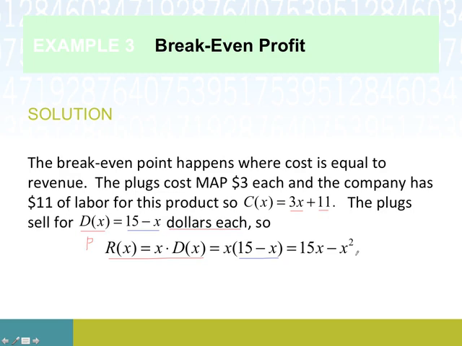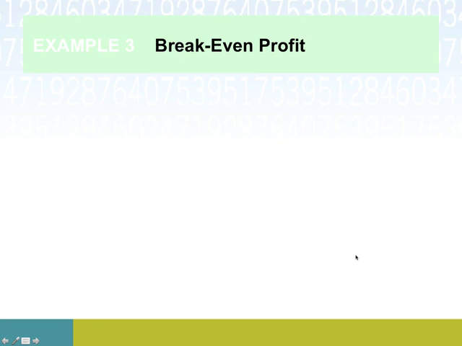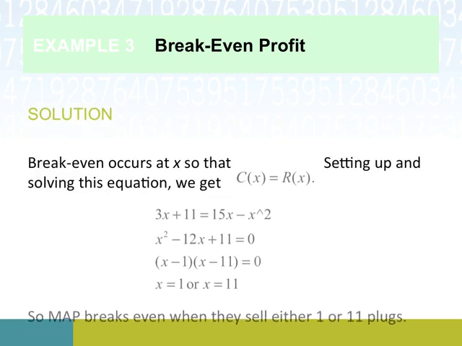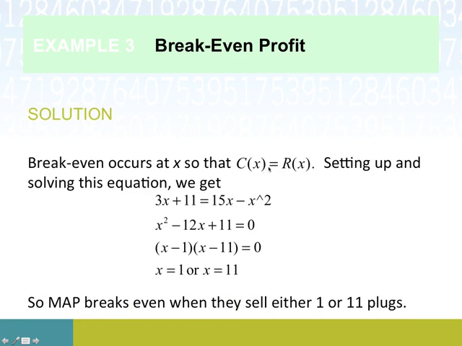Okay, so we've got a revenue function, we've got a cost function, and remember that what we were after was really break even. So we need C of x to be equal to R of x. So our setup and solve takes our C of x from the left side there, 3x plus 11. It takes R of x, 15x minus x squared. And we probably want to put some of this stuff together.